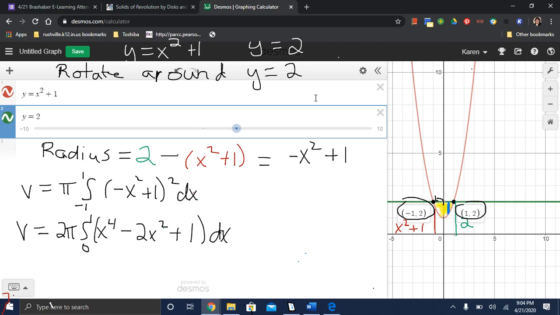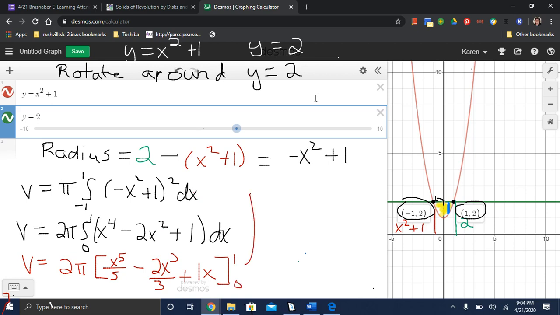From here, I'll do my integration. So the volume would equal 2 pi. Again, that's doubling using symmetry. I'll have x to the 5th over 5 minus 2x to the 3rd over 3 plus 1x, evaluated from 0 to 1. And plugging in our values, we'll have 2 pi.